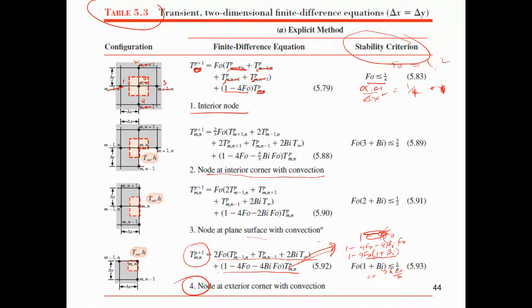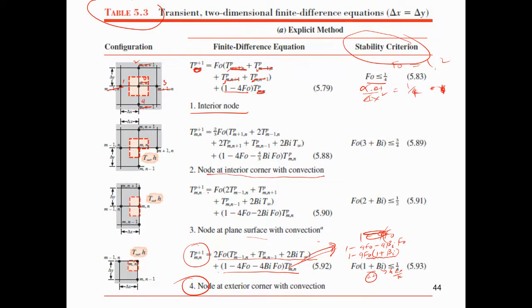So you can calculate delta t from here. That is the minimum time step, and you should consider that or less than that. Then the solution is stable.